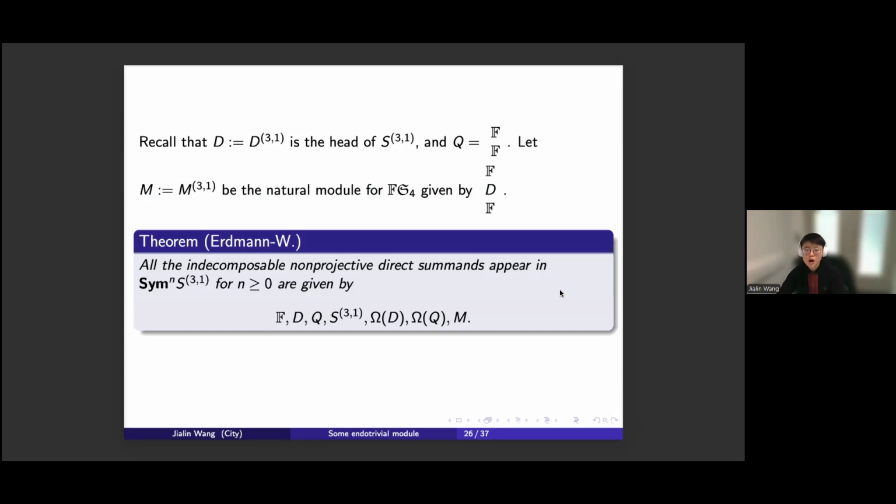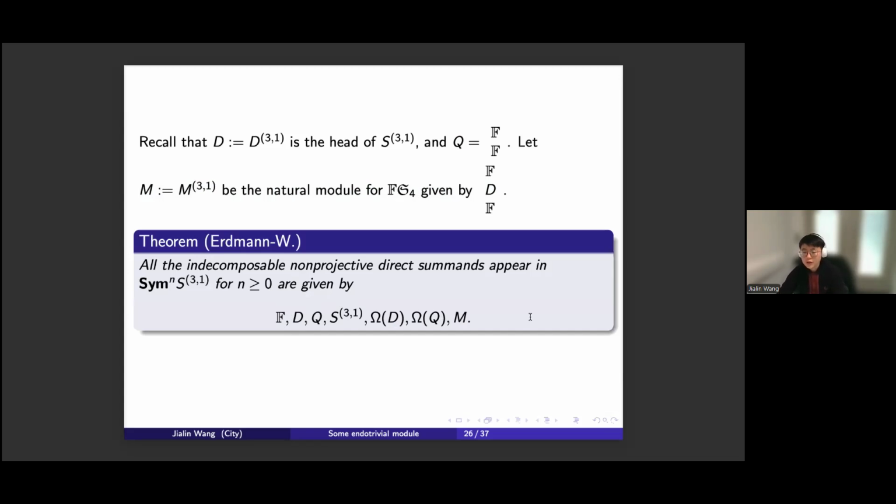So in fact, we showed that all the indecomposable non-projective summands appearing in the nth symmetric power of S31 will just be given by the following modules: F, D, Q, S31, omega of D, omega of Q, and M.